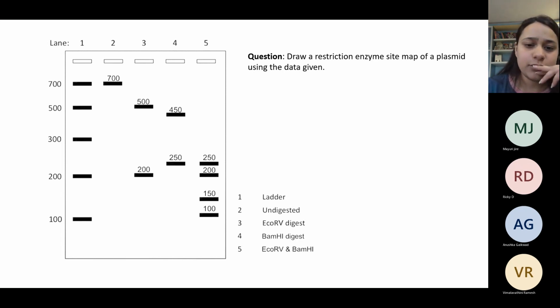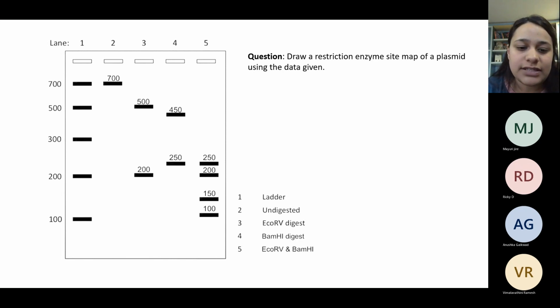This 200 kilobase fragment will come from the EcoRV digest. I'm just going to write Eco over here. And this one is going to come from BamHI. So this we have sorted out.